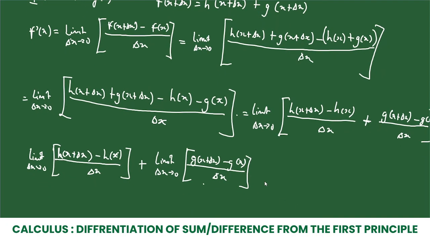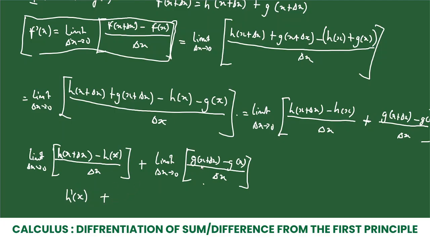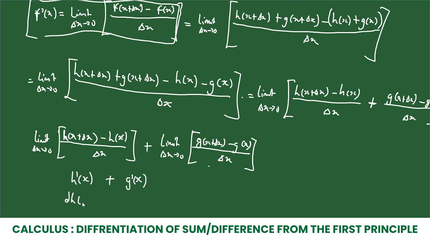So comparing this with the first principle, it's obvious that this is the same as h prime of x, the derivative of h of x, plus the derivative of g, which is the same as the derivative of h of x over dx plus the derivative of g of x over dx.